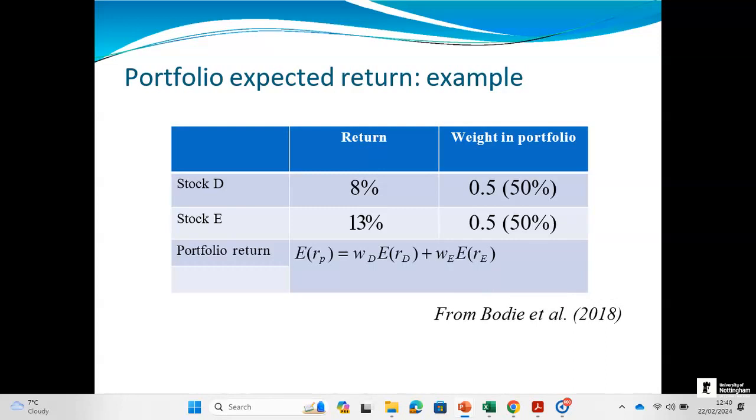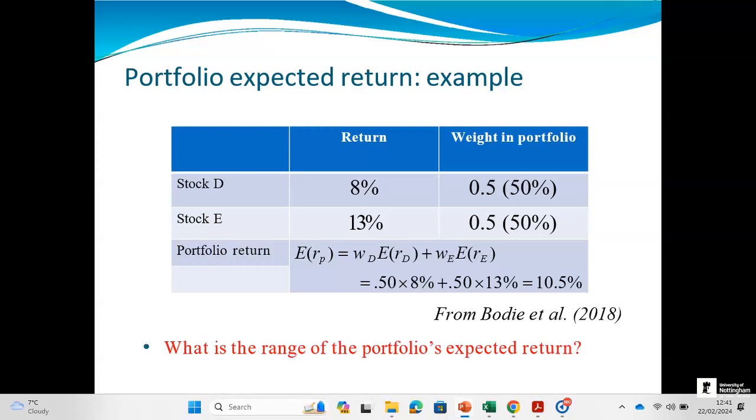So weight of your investment in asset D times the expected return of asset D plus weight of your investment in asset E times the expected return of asset E. Okay, so expected return of this portfolio, which consists of 50% investment in D and 50% investment in E, would be 10.5%. So portfolio expected return is simply the weighted average.